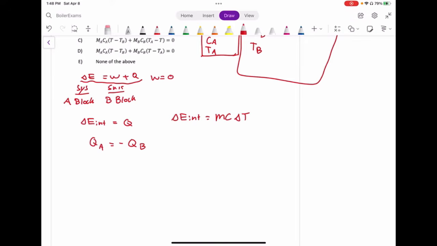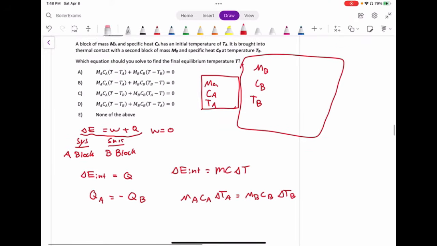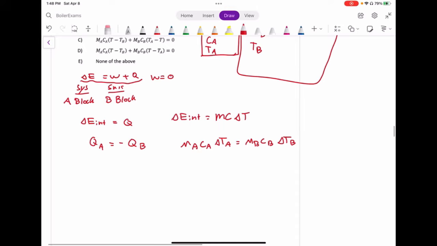So what is that going to look like? M of block A, C of block A, and then delta T of block A, that should be capital, is equal to MB, delta TB. And what are those delta T's going to look like? Let's sub those in.